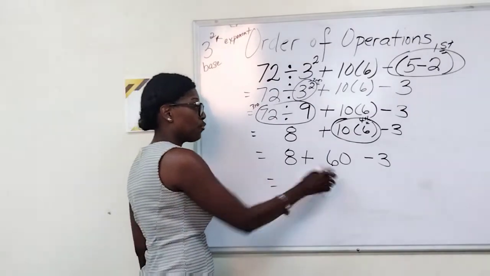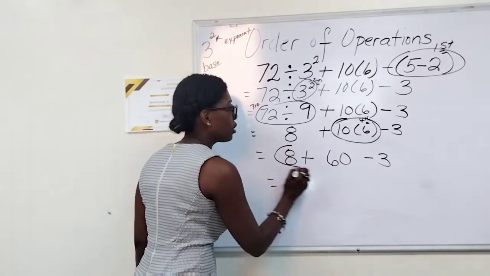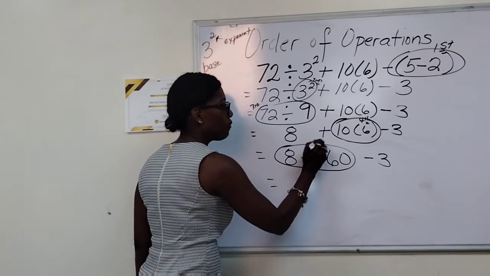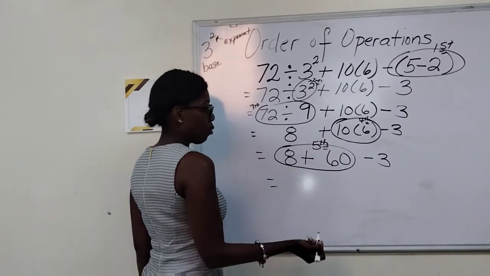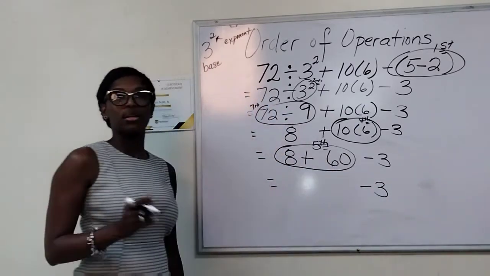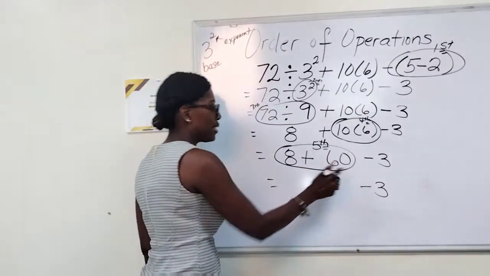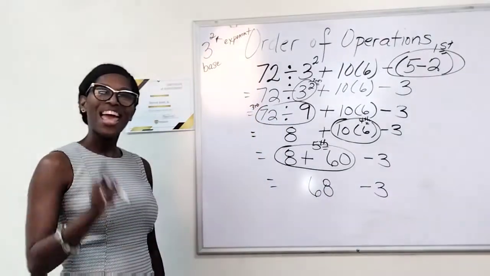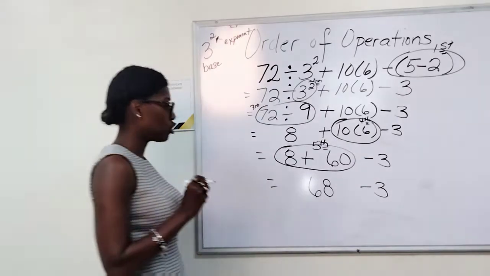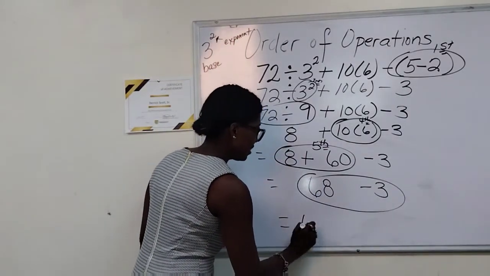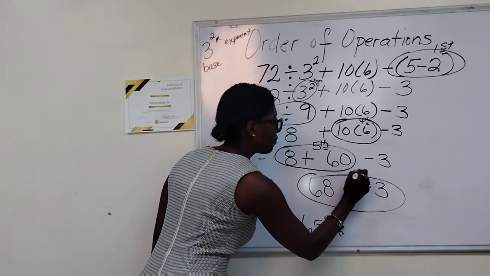So addition is first in this case. So we're going to circle the 8 plus 60, that will be the fifth step. And we're going to bring down the 3 because we're not subtracting yet. So 8 plus 60 is 68. And our final step is subtraction. 68 minus 3 equals 65.